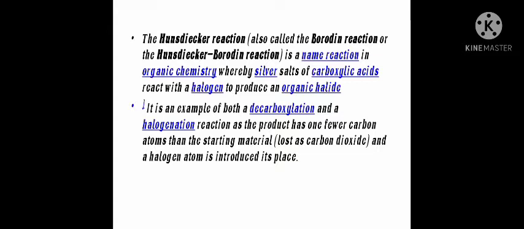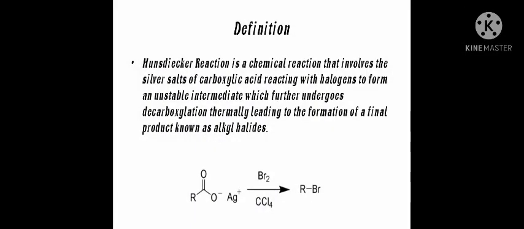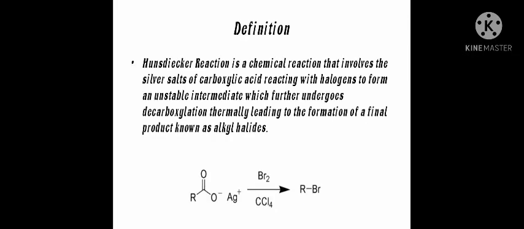This reaction is an example of both decarboxylation and halogenation, which means both are held in the same reaction. The definition of the Hunsdiecker reaction is: a silver salt of a carboxylic acid reacts with bromine and gives a bromo compound, that is an alkyl halide, by elimination of carbon dioxide.